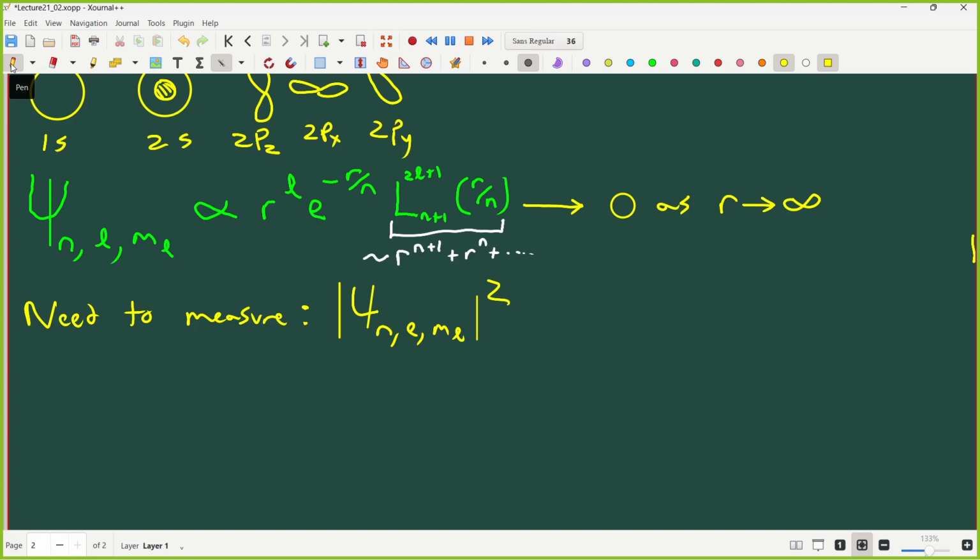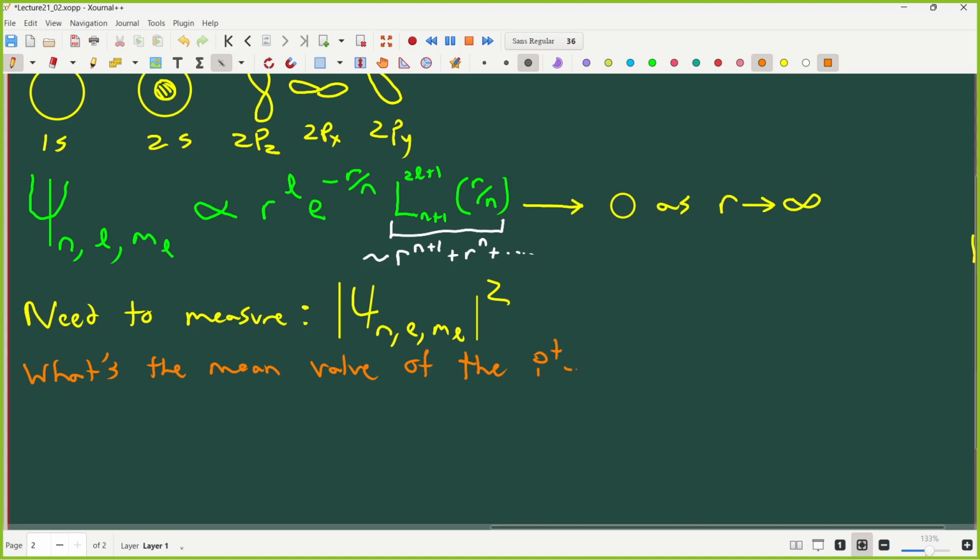So let's ask the question, what's the most probable, or what's the mean value of the proton-electron distance in the 1s state?